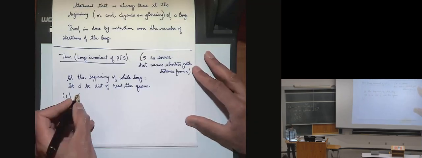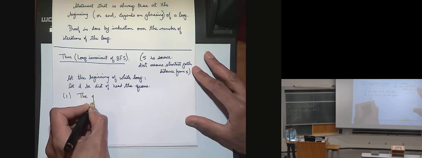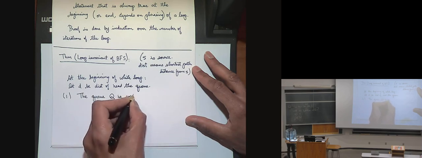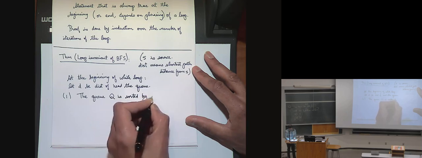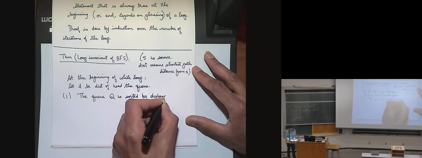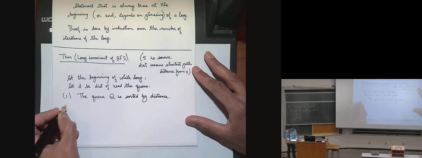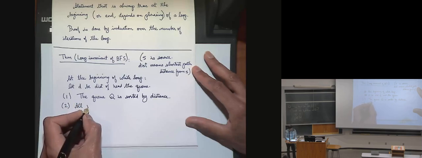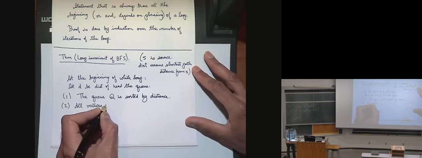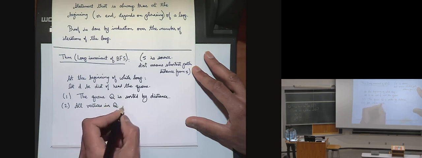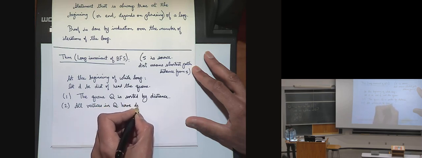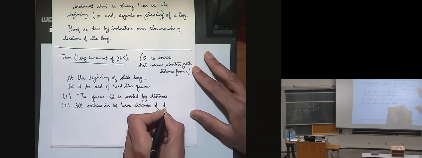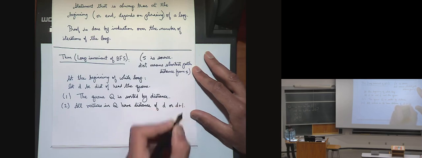So the first is the queue is sorted by distance. The second, all vertices in the queue have a distance of D or D plus 1.